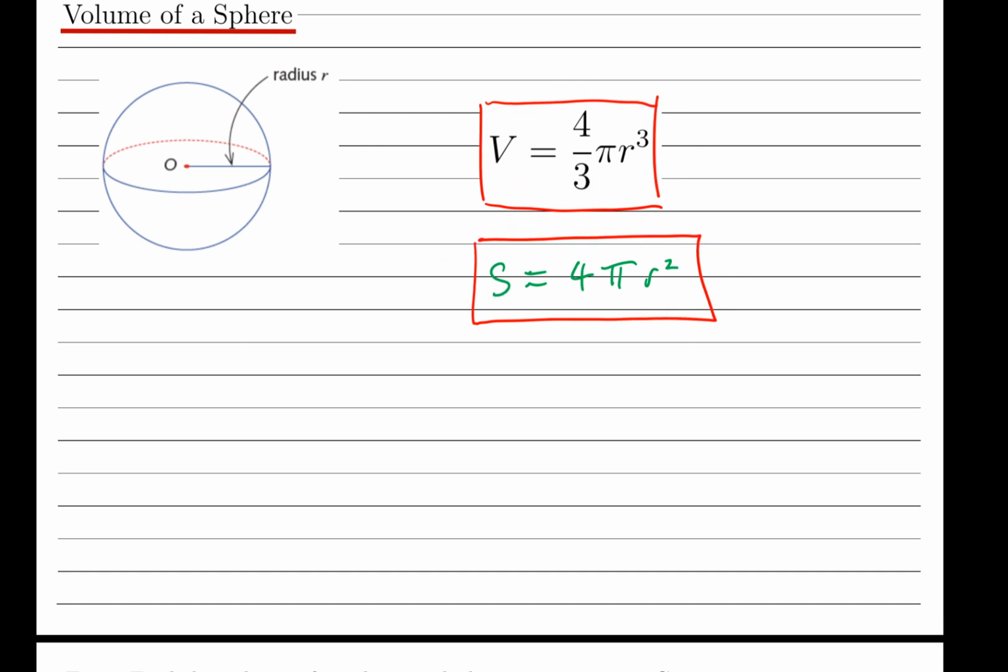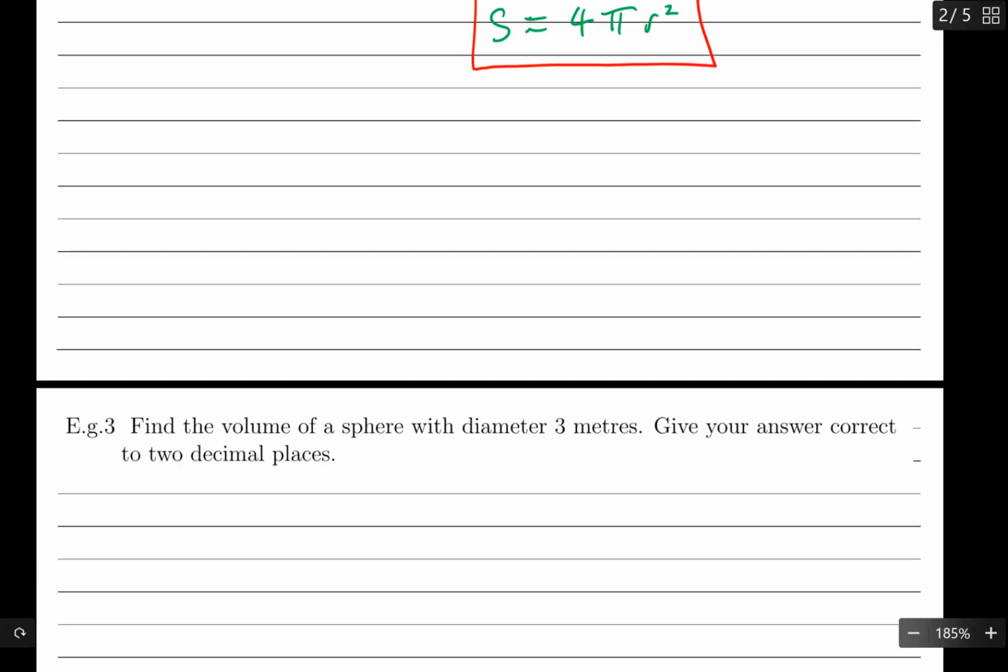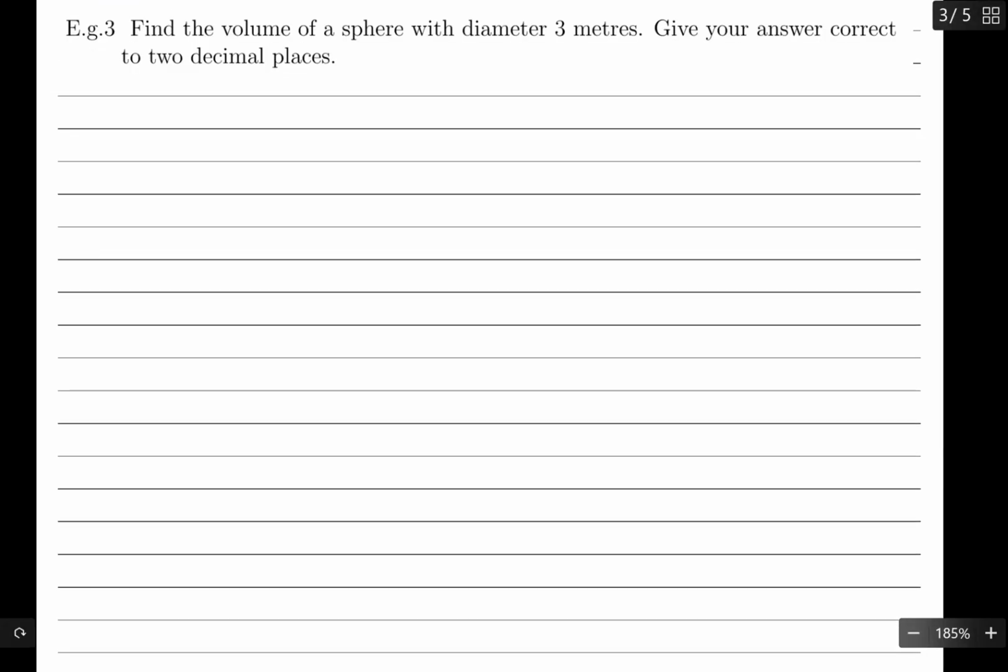So let's do an example. Find the volume of a sphere with diameter 3 meters. Give your answer correct to 2 decimal places. This is actually the same sphere that we looked at earlier. So here's some type of sphere. Again, the diameter was 3, so my radius is 3 on 2.